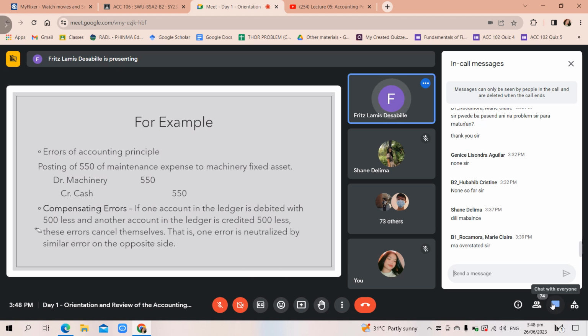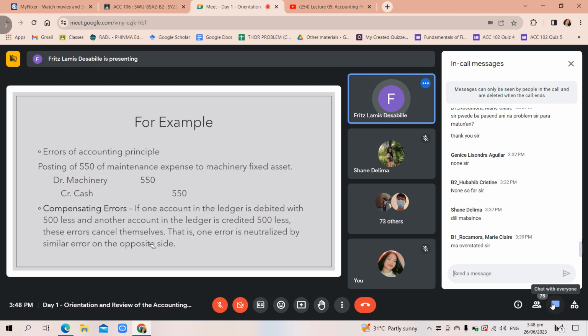This 500 nga debit and this 500 nga credit, they offset each other or na-compensate nila ang pagkakulang. So it would result na mag-cancel out each other. So that is an example of a compensating error, no? That is, one error is neutralized by a similar error on the opposite side.